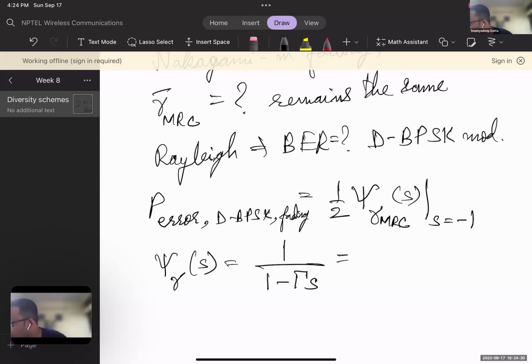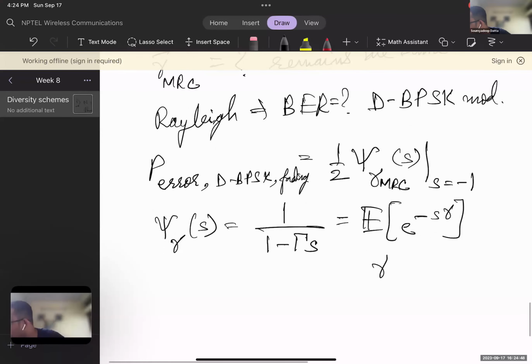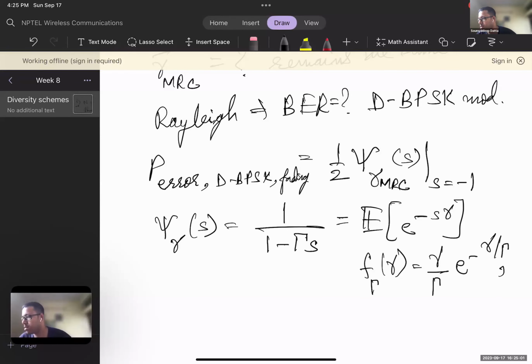It comes from this, where you take the expectation over gamma. Gamma is exponential, right? So what is the PDF of your gamma? Gamma is a random variable with this exponential PDF. If you put this in and take the expectation, you will get this value.